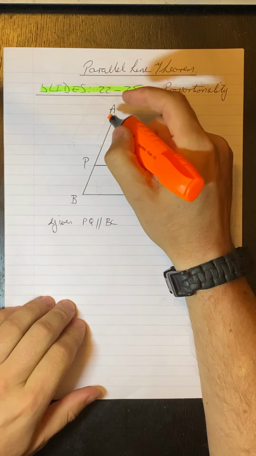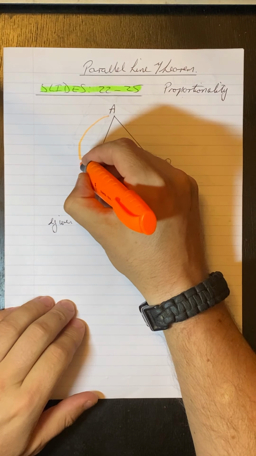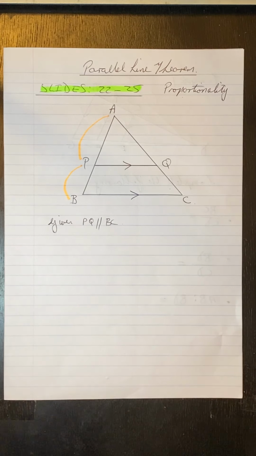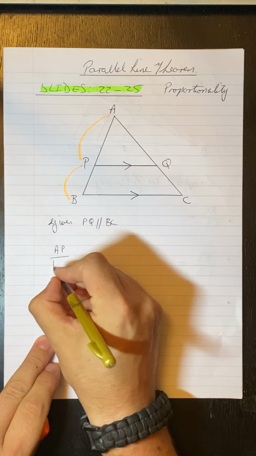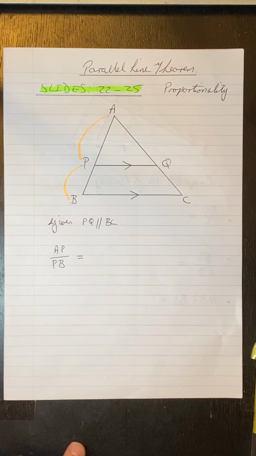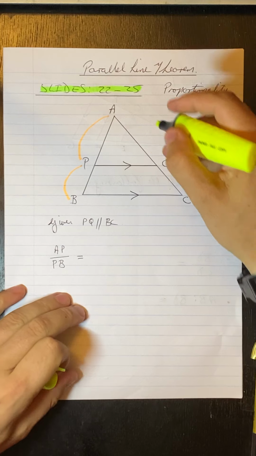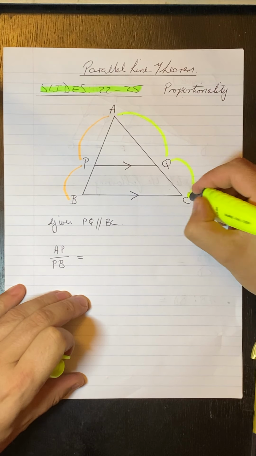We know that we're going to get AP over PB will be equal to AQ over QC.